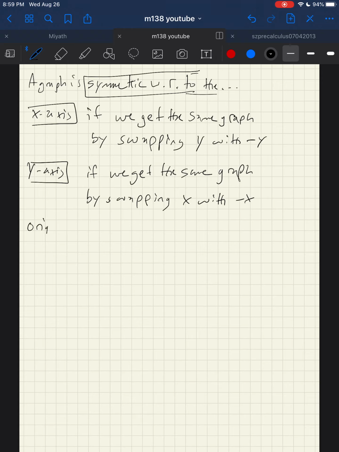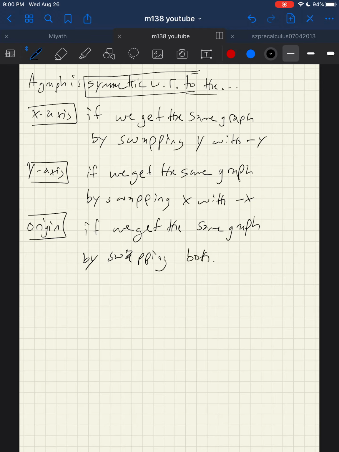And finally, it's symmetric with respect to the origin if we get the same graph by swapping both. So what I want to do is just take a little bit of time and see some examples of these.